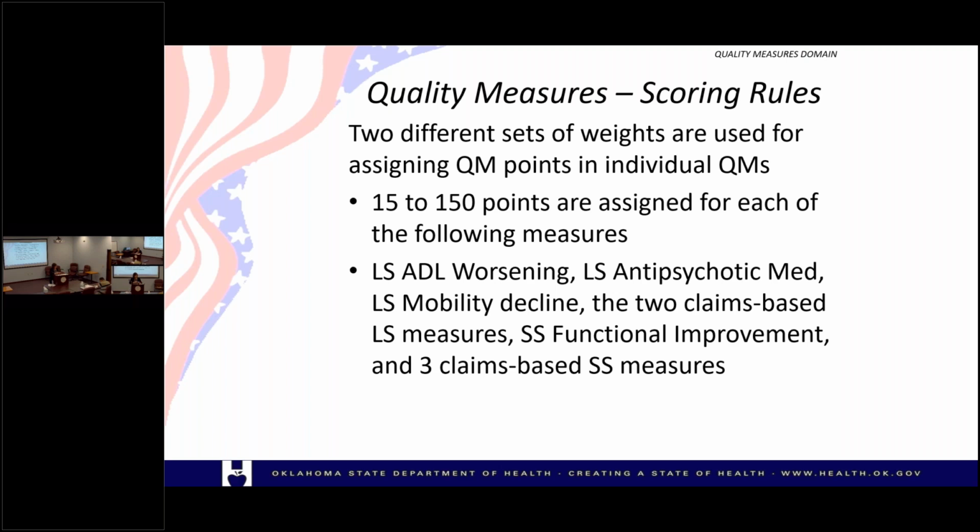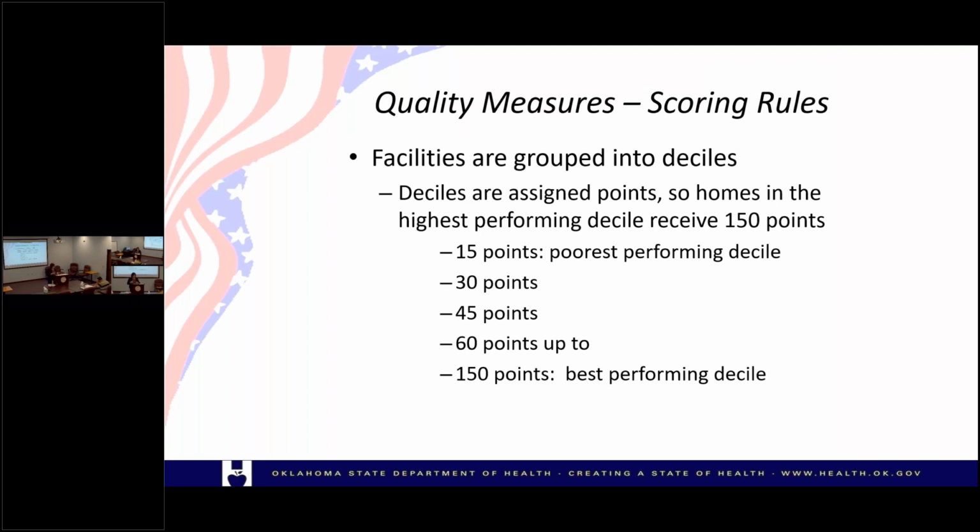I'm not going to read all those to you, but just be aware that there are differences in the amount of points that is assigned. The next slide here, for those 150 points and those quality measures, there's 15 points for the poorest performing, and then 150 points is the best performing.